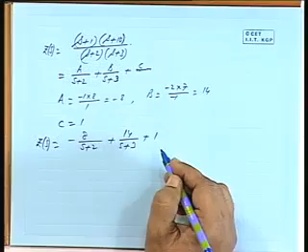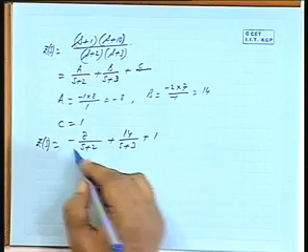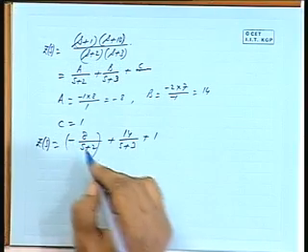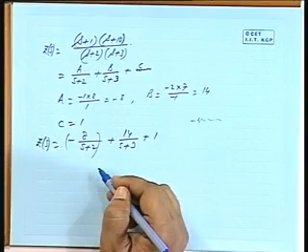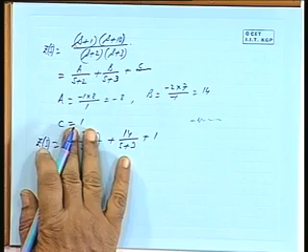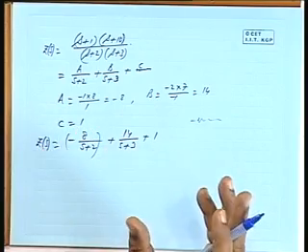Is it realizable? This is having a negative coefficient. We have seen earlier, all RC combinations will give me positive terms. Here it is minus 8 divided by S plus 2. So, this is not realizable.